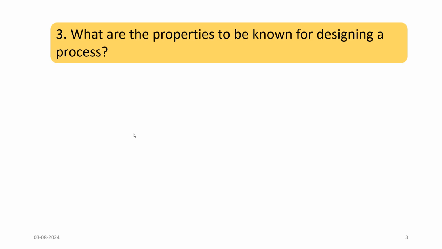So I will be writing it stepwise. If you go through the slides also, you can find it. So the first one is the particle size distribution in the feed. We have to first check the size distribution in the feed, that is, what type of particles and what diameters are going to be processed.